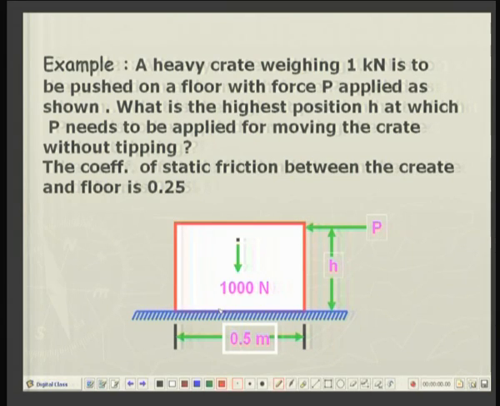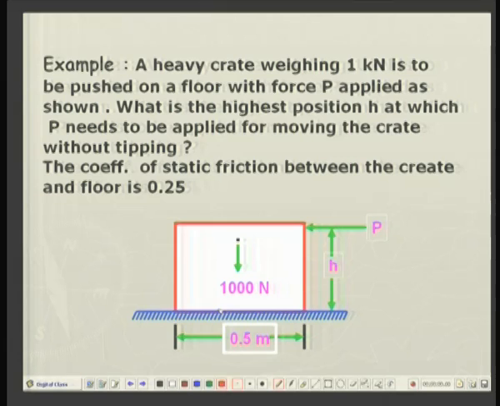You might have experienced when you try to push a heavy table, if you push it too high, then the table or the chair tries to topple over. So, similarly, if I push it at a sufficiently high point, then the box may topple over around this corner.